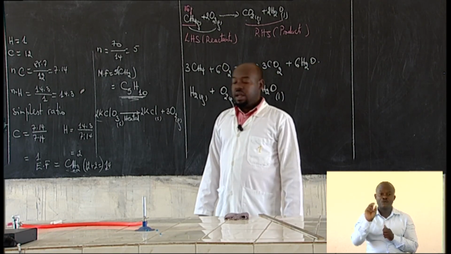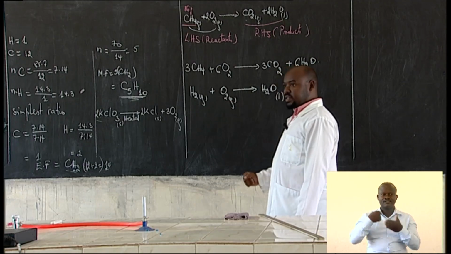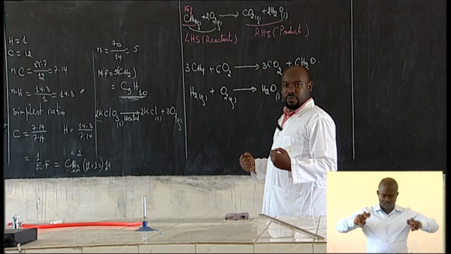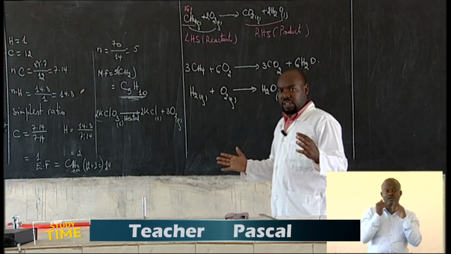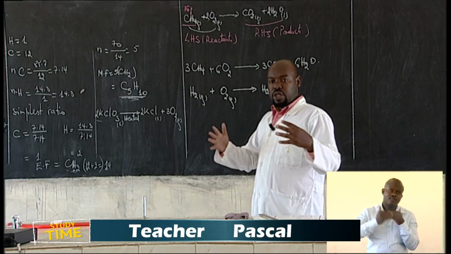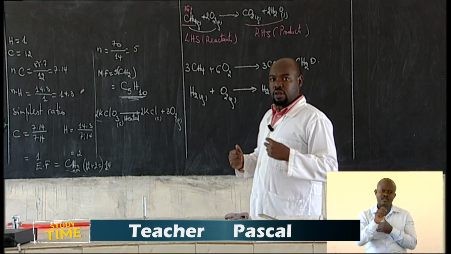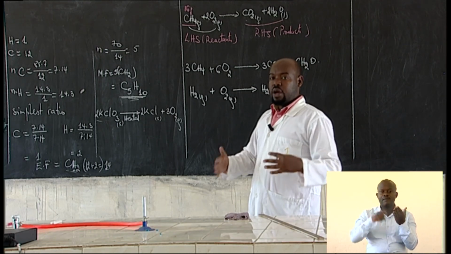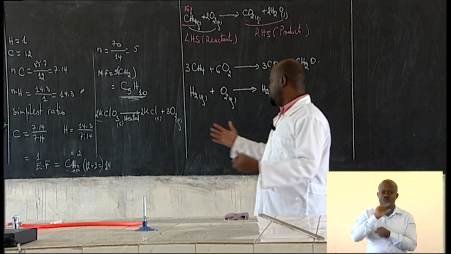Now, is our equation balanced? That is the first thing to check, because if the equation is not balanced, then your stoichiometric relationship will be wrong. And the mole ratios, they are the ones we have to use to carry out right stoichiometric calculations.